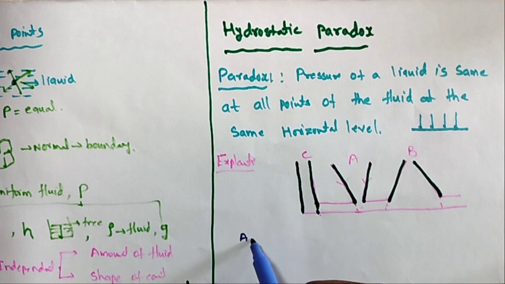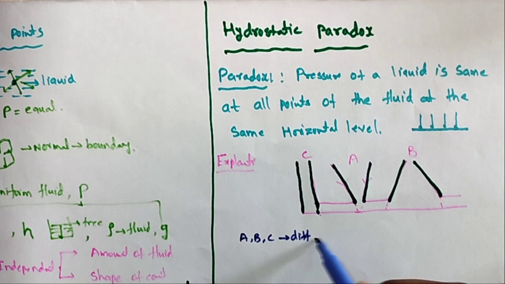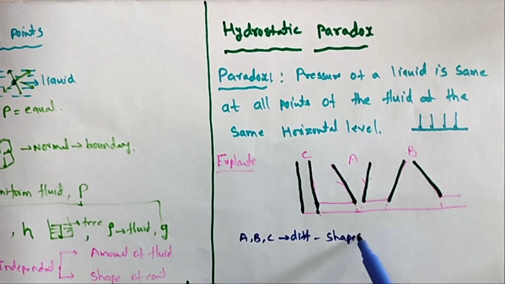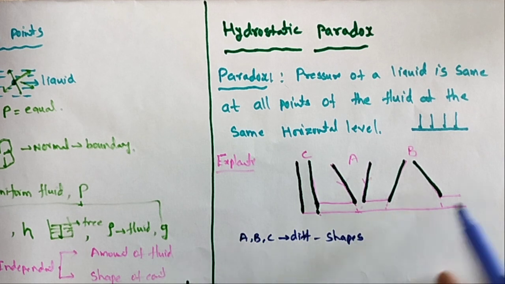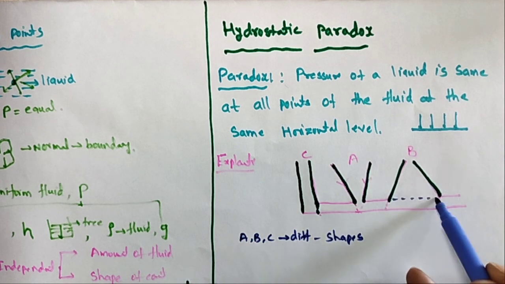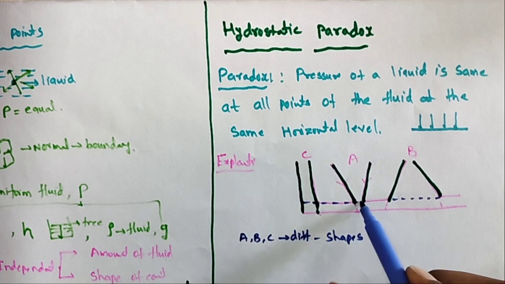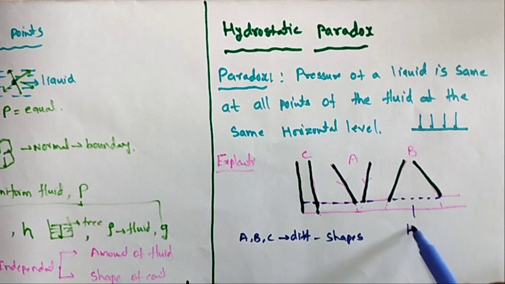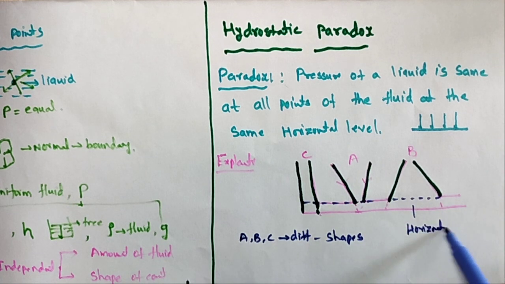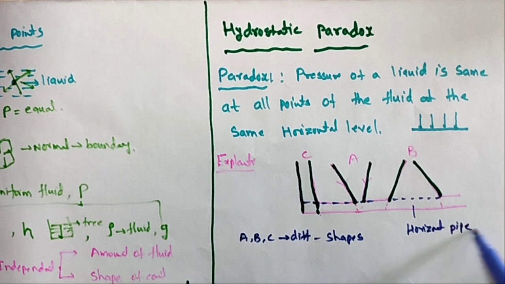In the figure, let these vessels be joined by one horizontal pipe.